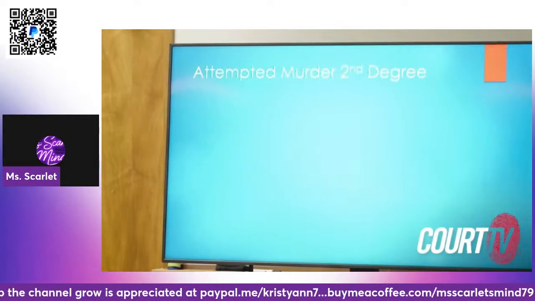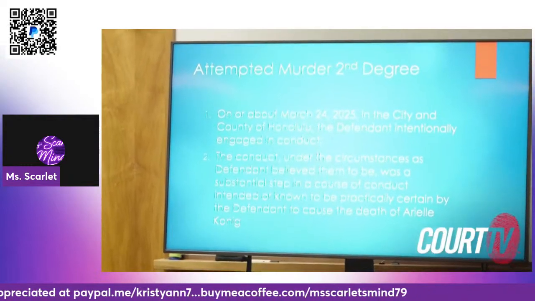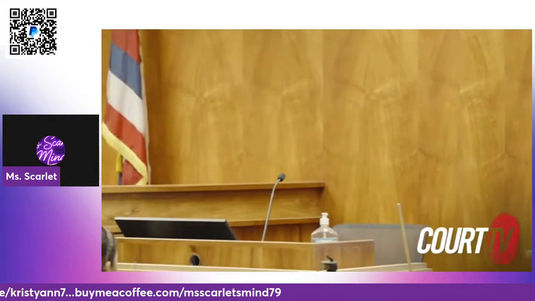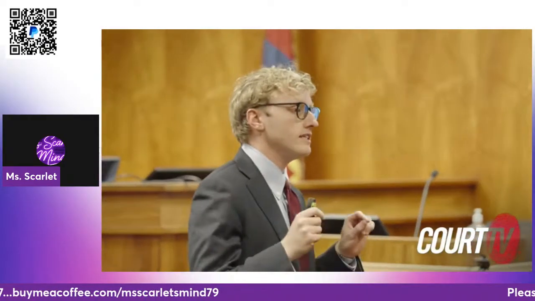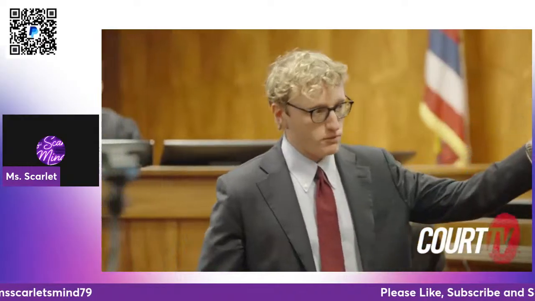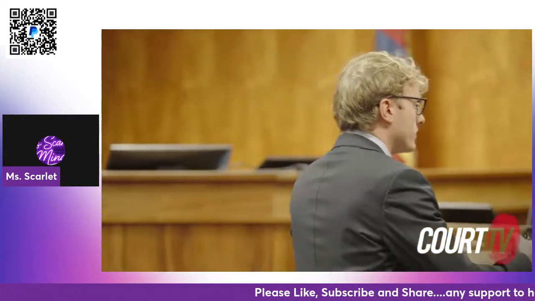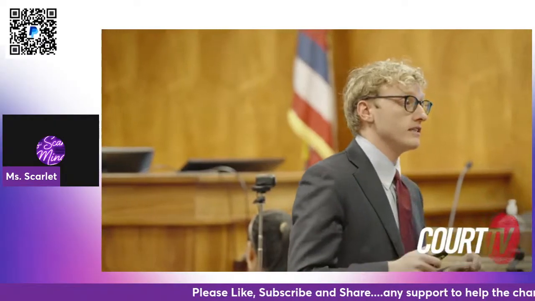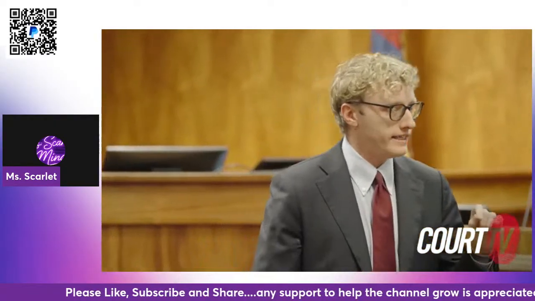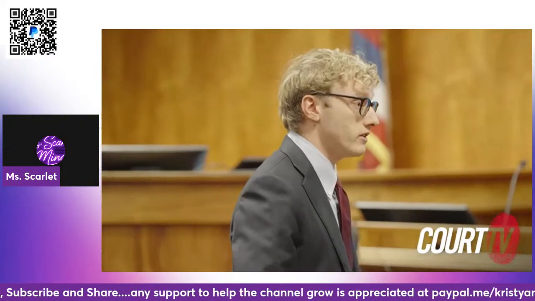The second element, that conduct, under the circumstances under which defendant believed them to be, was a substantial step in a course of conduct intended or known to be practically certain by the defendant to cause the death of Ariel Koenig. So element number one, simple, it's conduct. Element number two defines what that conduct is, what it's meant to do. And the conduct in this case was meant to kill. The intent behind each one, plan A, the push, the intent was to kill.